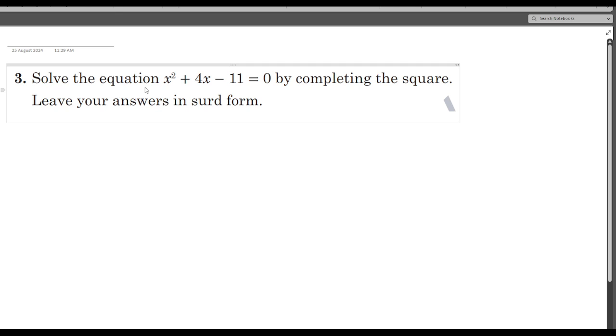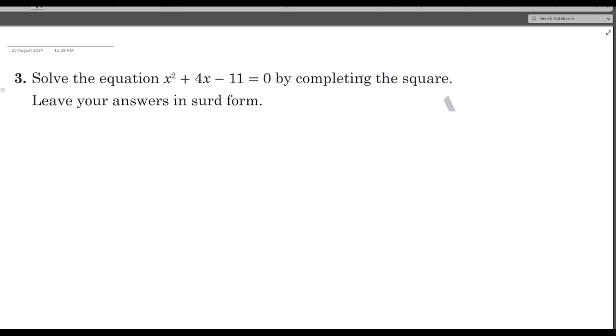Solve the equation x square plus 4x minus 11 equals 0 by completing the square. Leave your answer in surd form. Okay, so completing the square. In review problems, we discussed that there is one more method, that is the completing the square method, but we have not done any problem.